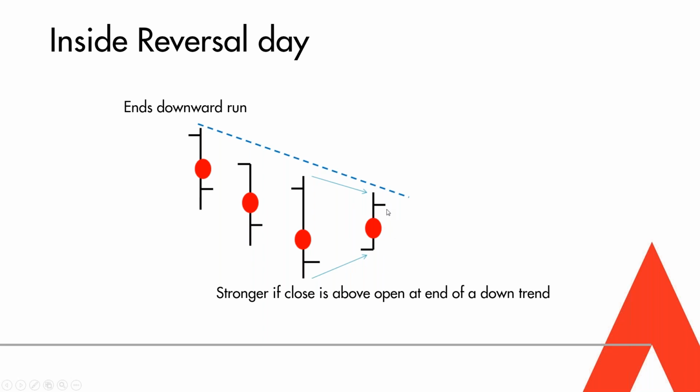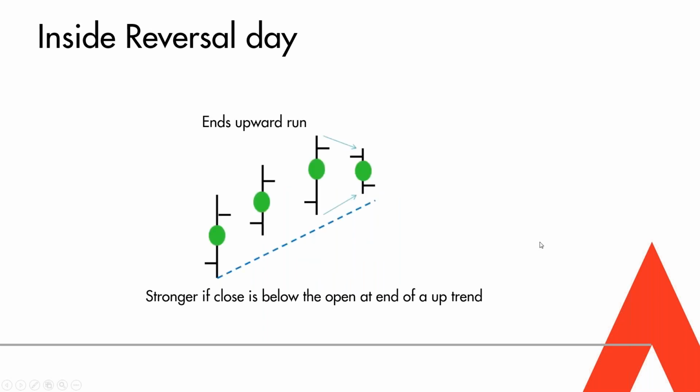And then we should always look at where it's opening and closing on the inside bar. Close above the open, up near the high, would make this bullish, particularly if it's occurring at the end of a downtrend here. Typically, we see inside bars well before the break of a down trend line. So we then just wait for the break of the trend line, and that would suggest a pretty significant upward reversal from that level.